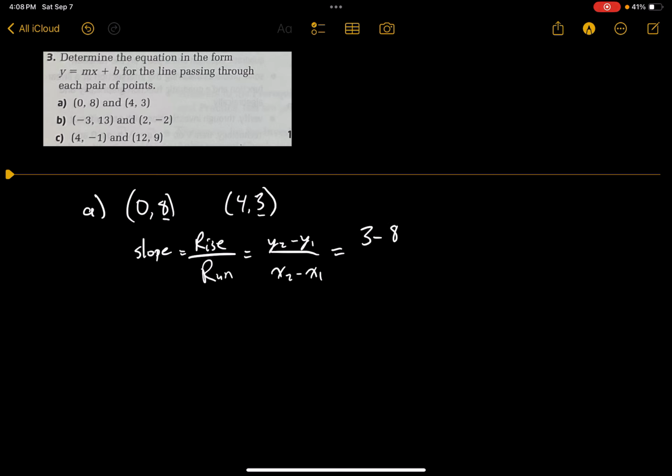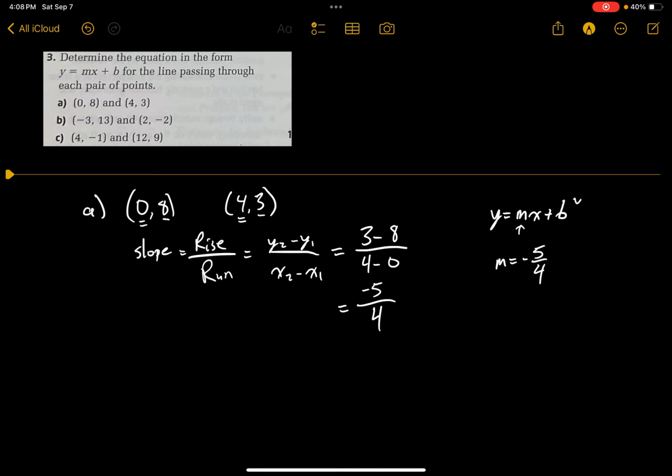So 3 minus 8, and the x values are 4 and 0, 4 minus 0, which is equal to minus 5 over 4. So we have the slope, and in the format of y equals mx plus b, you have m equals negative 5 over 4.